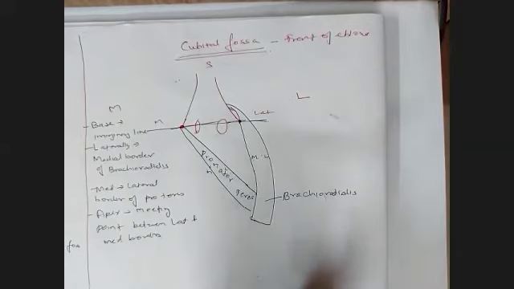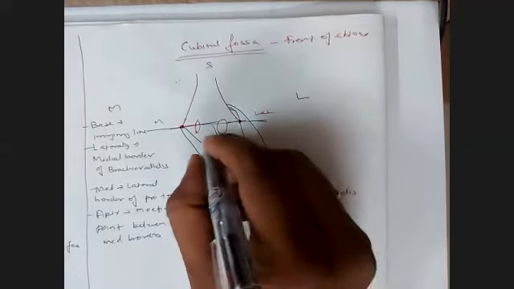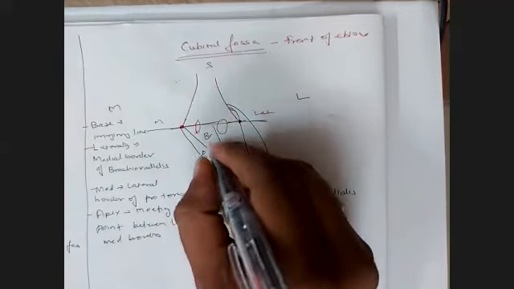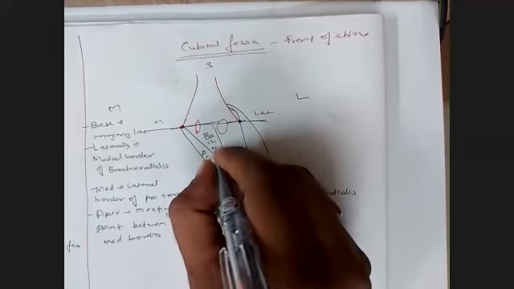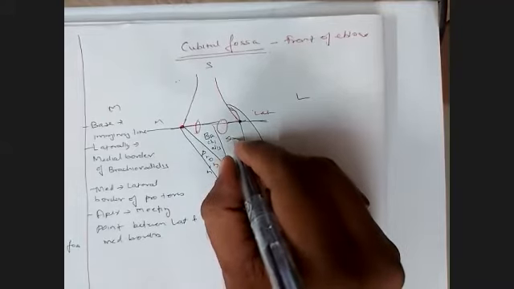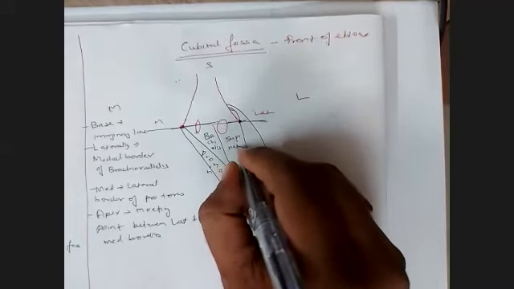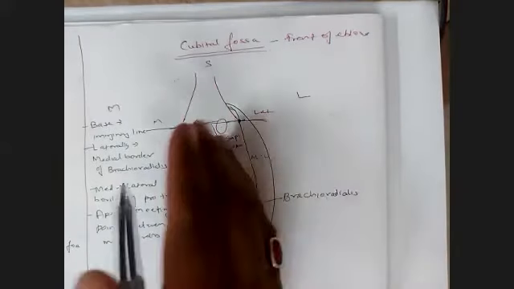Now there are two muscles which form the floor. One is the muscle brachialis, which is going to get inserted on the medial side on the ulna. And another muscle, now this name you are hearing for the first time, supinator muscle, which is winding around the upper part of the radius.